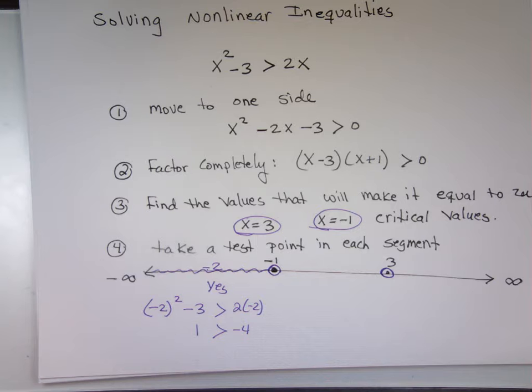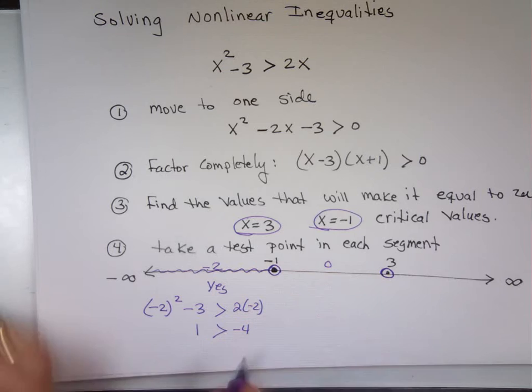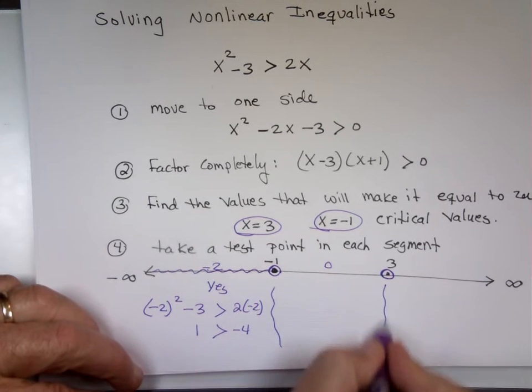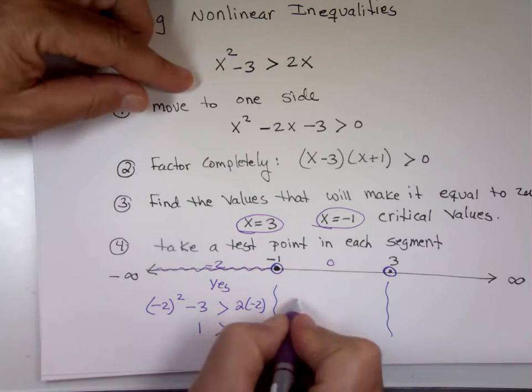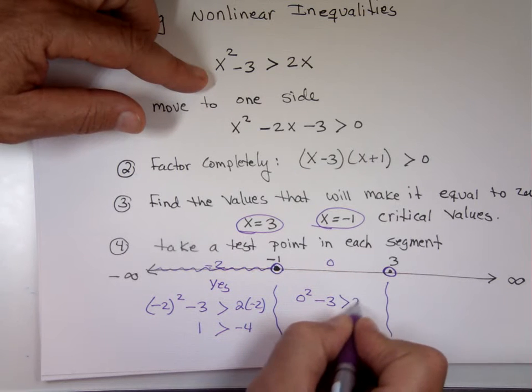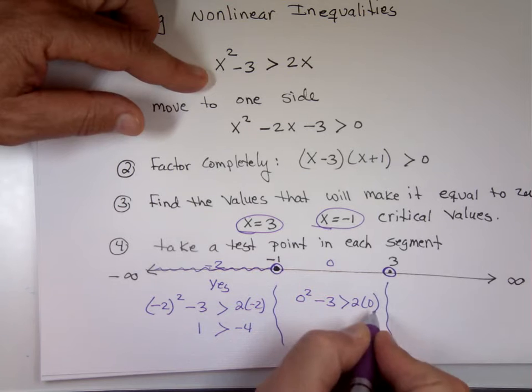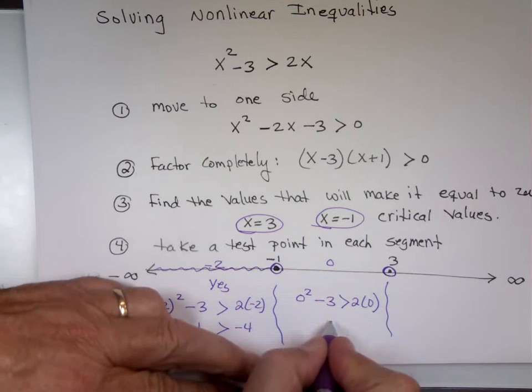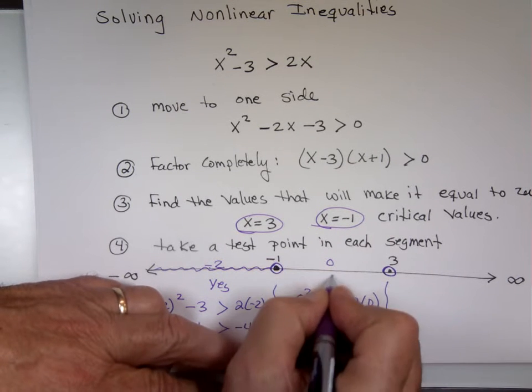Let's take a number between minus 1 and 3. 0 is always a good number. It makes the math easy. Is 0 squared minus 3 bigger than 2 times 0? No. That's not a solution.